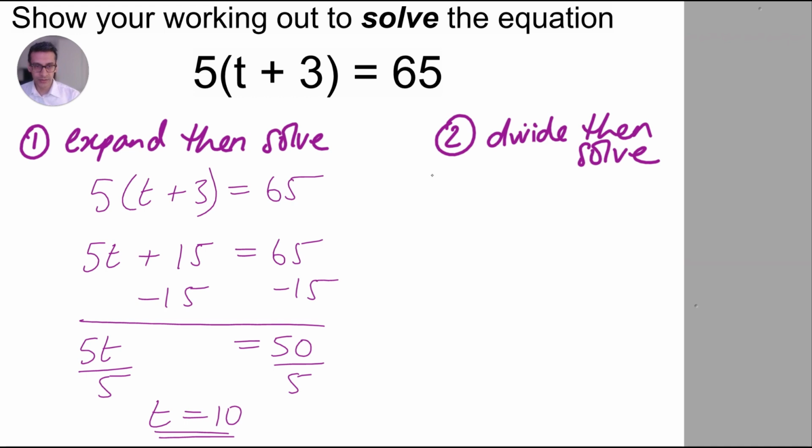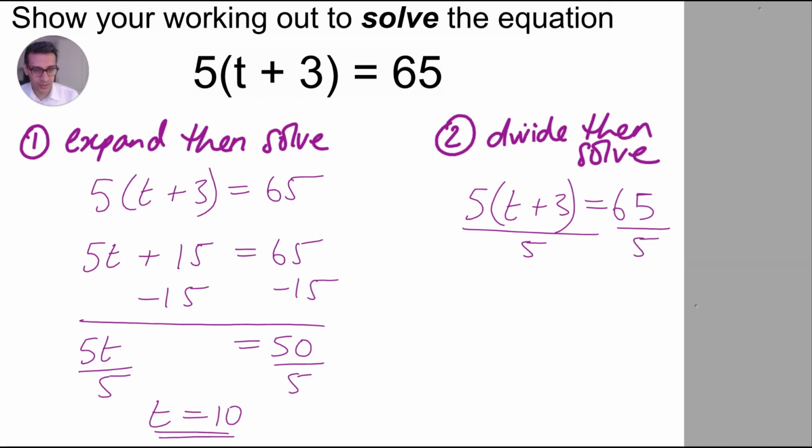Okay, the other method, second method, is to do the division first. So we write the same equation out, 5 brackets t plus 3. Remember, this is just multiplying 2 things together. You're multiplying the bracket by 5. So the inverse of multiplying the bracket by 5 is to divide the whole thing by 5. So divide by 5, divide by 5.